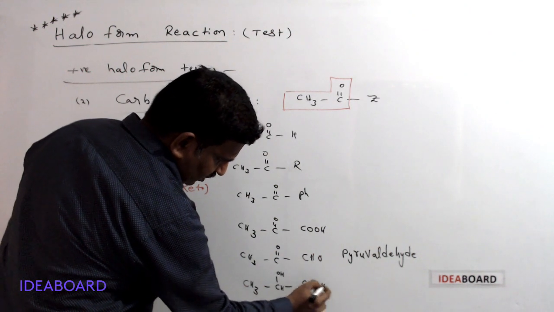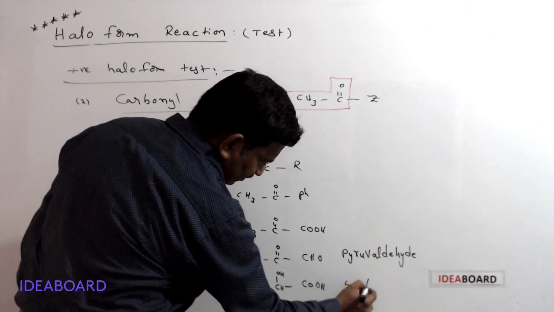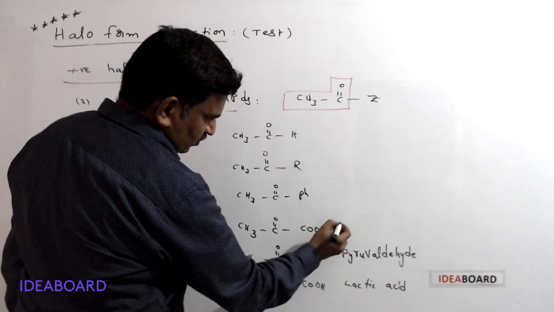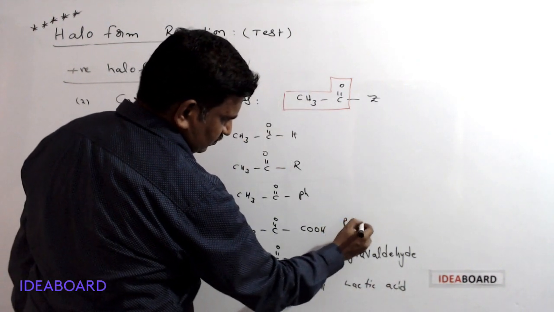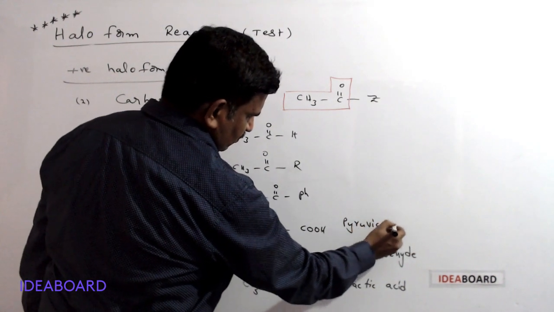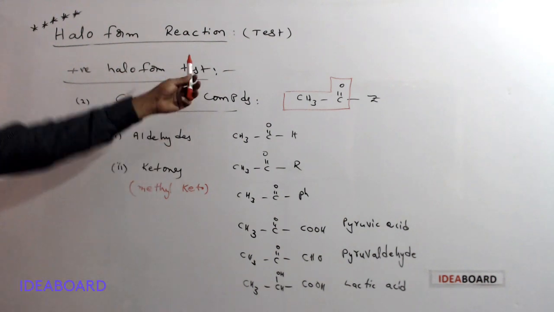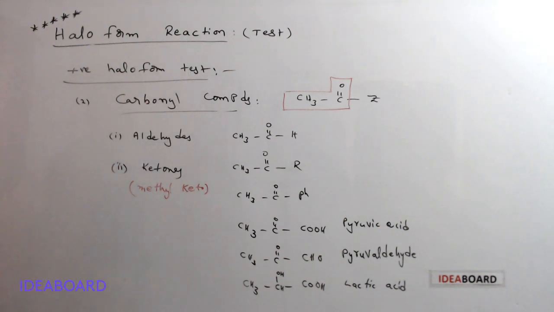This is called lactic acid. This is called pyruvic acid. So these compounds will give the haloform test.